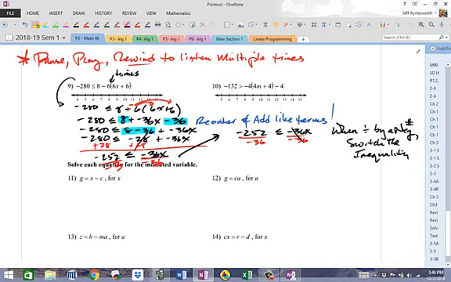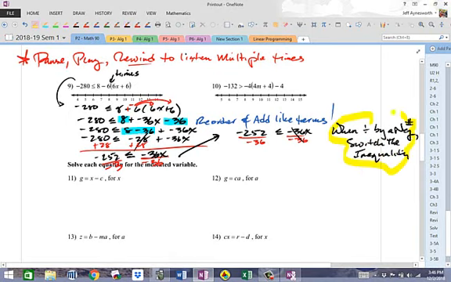I'm going slow and paying attention to all the little details, the things that cause people to make a mistake, because I don't want you to make the mistake. I want you to focus on the details and remember what I'm saying here. This is true for division and multiplication, either one. When multiplying or dividing by a negative, you better switch the inequality.